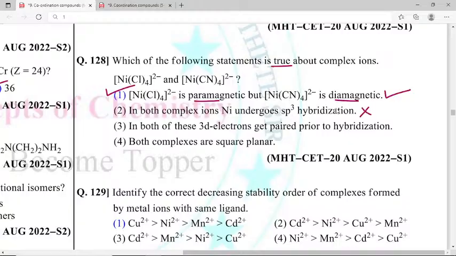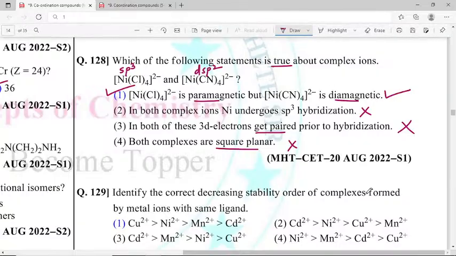No. In the first case sp3 and in the second case dsp2. In both of these, 3d electrons get paired. No, it is not paired. In the first case it is not paired, but in the second case it is paired, because chloride is a weak field ligand and cyanide is a strong field ligand. Both complexes are square planar. No, the first complex is tetrahedral, the second is square planar.